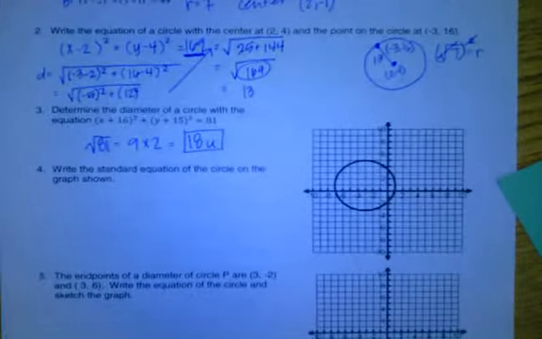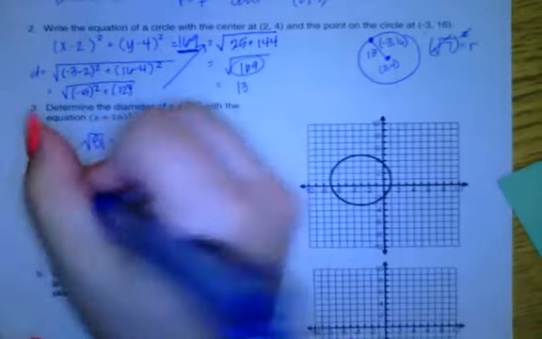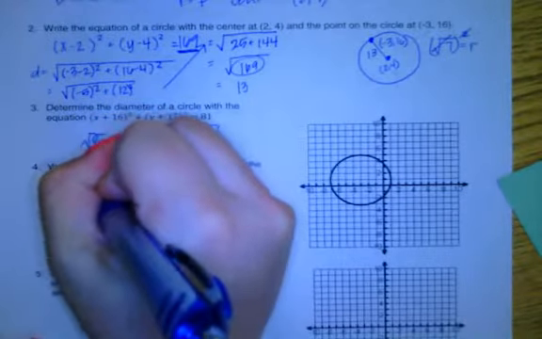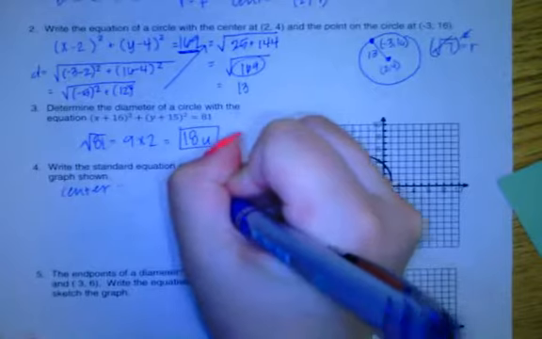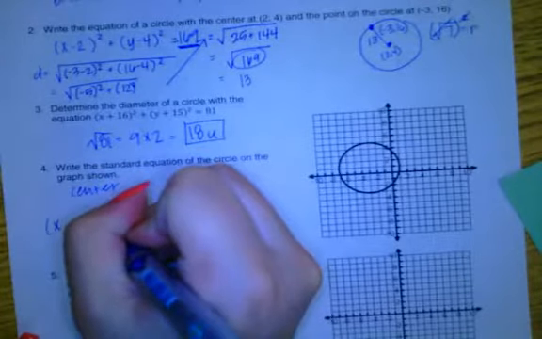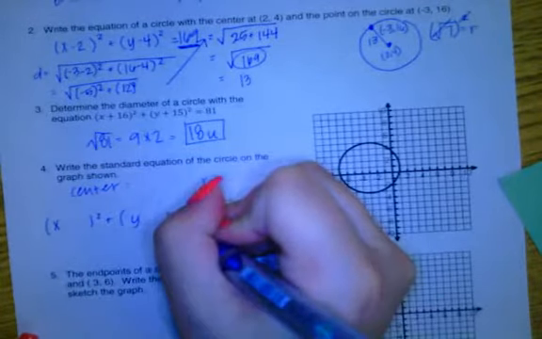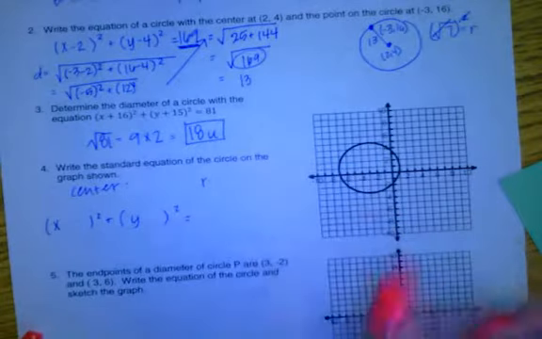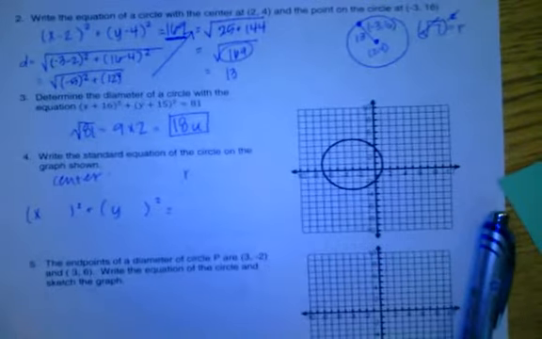Okay, number 4. I want you guys to see if you can do this on your own. Find the center, find the radius, and then write the equation. Center, radius, and then the equation.